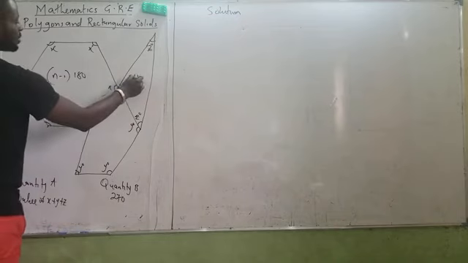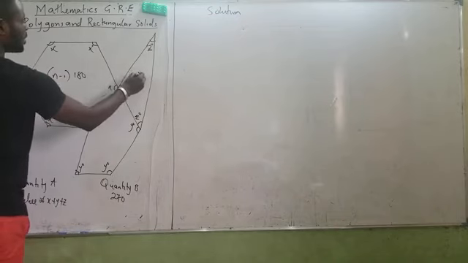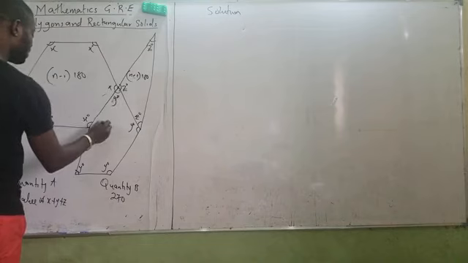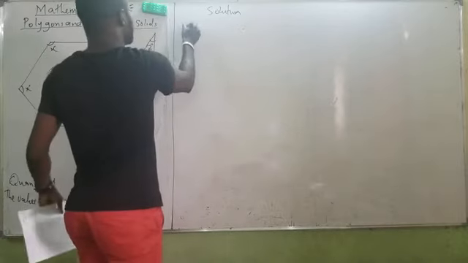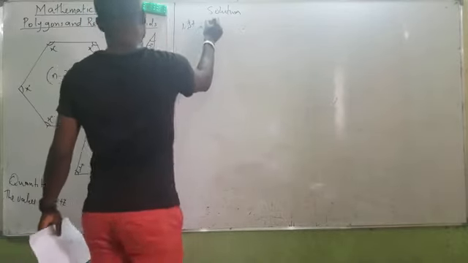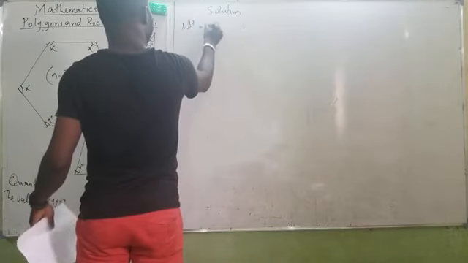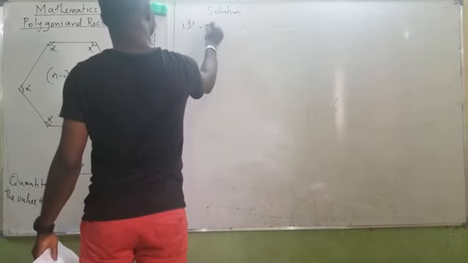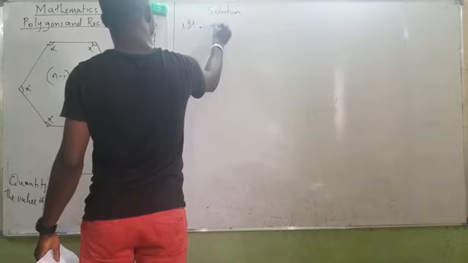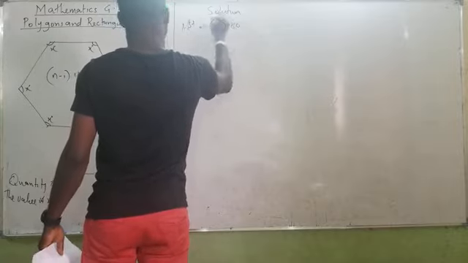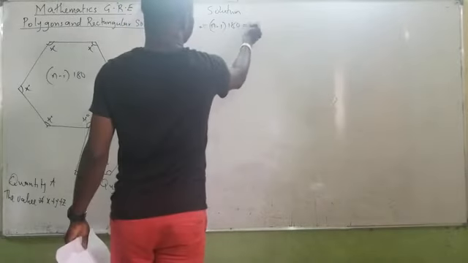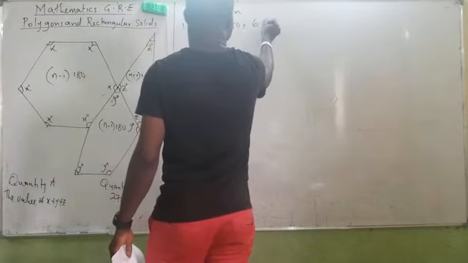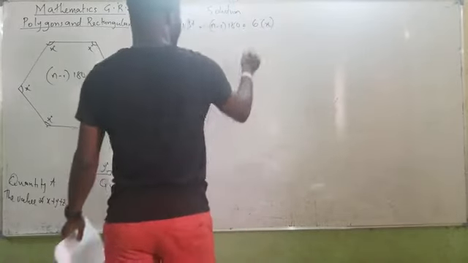Now, don't forget the formula: n minus 2, bracket of 180. This is very, very important. It means my first one will be equal to (n minus 2) times 180. How many x am I having? 1, 2, 3, 4, 5, 6, so it will be 6x.